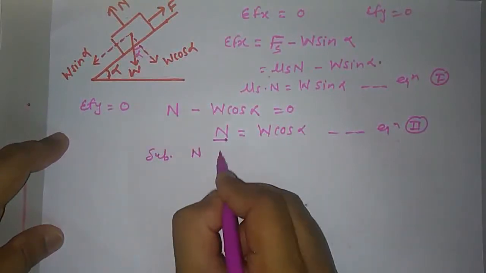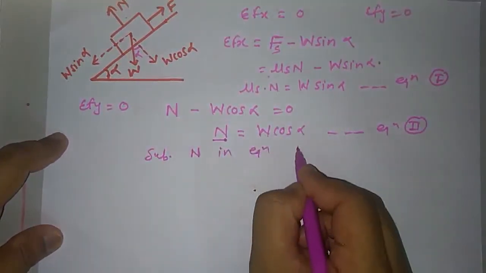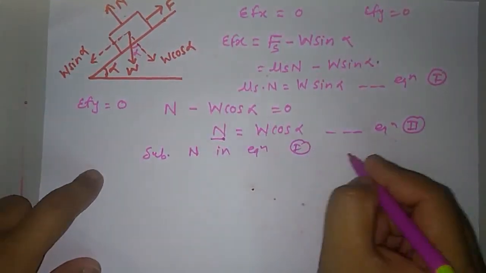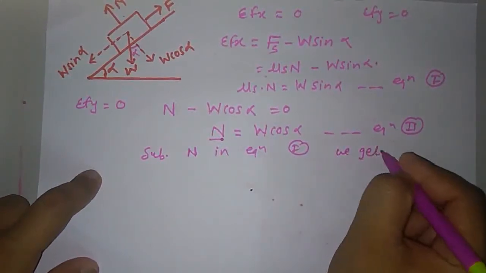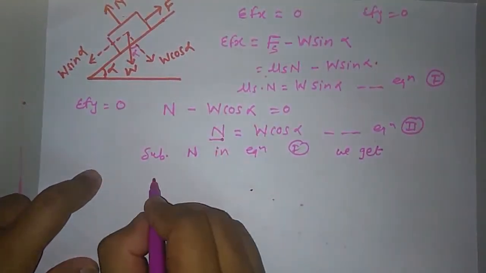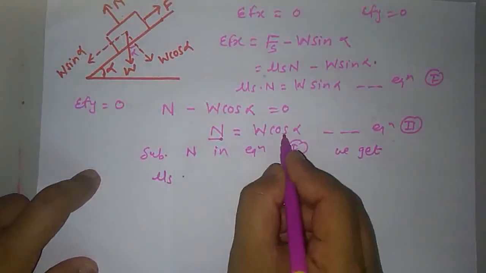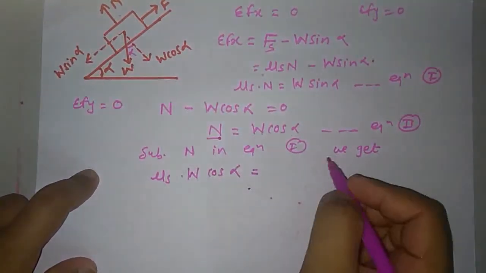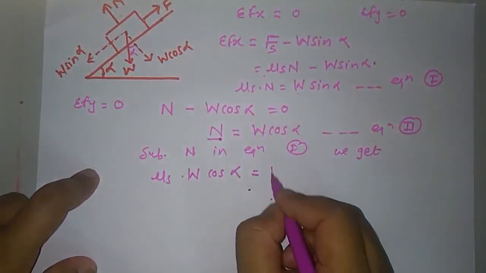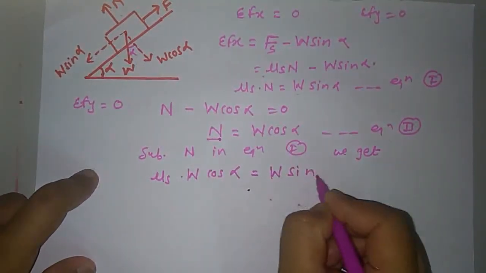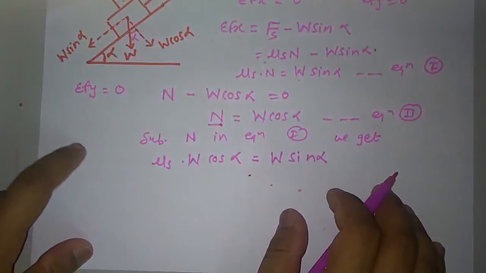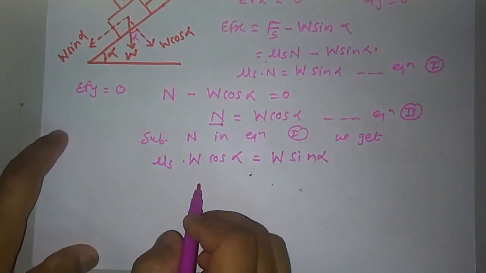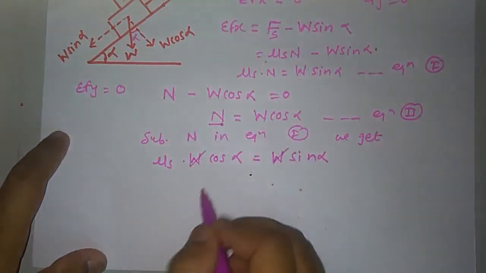Substitute N in equation 1. So what we will get? Mu s into W cos alpha is equal to W sin alpha. The W and W get cancelled.